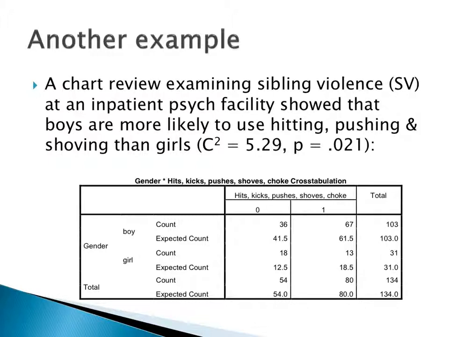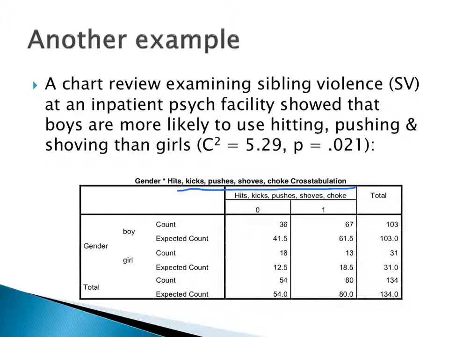We wanted to look at gender differences, and so we used chi-square since we were looking at two categorical variables. We wanted to know, was there a difference between boys and girls? What this showed was that for this particular type of violence, hitting, kicking, pushing, shoving, boys were much more likely to use this than girls.